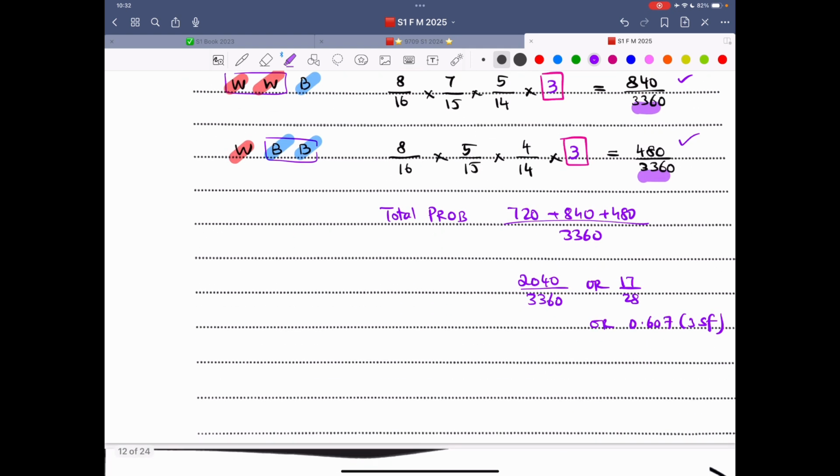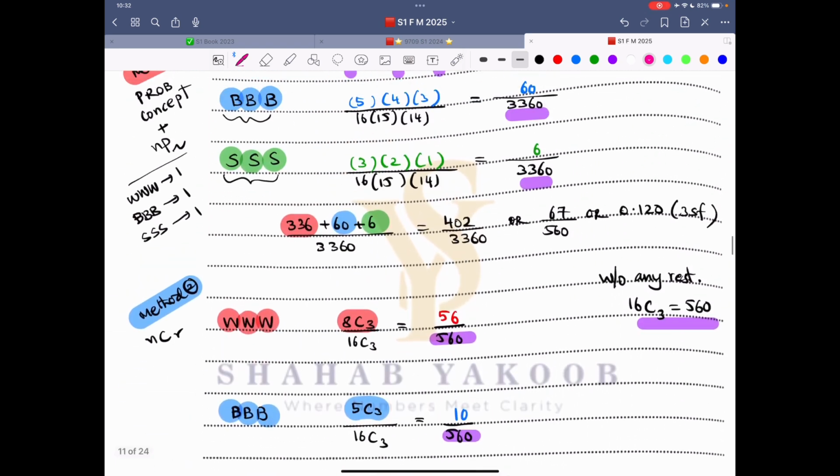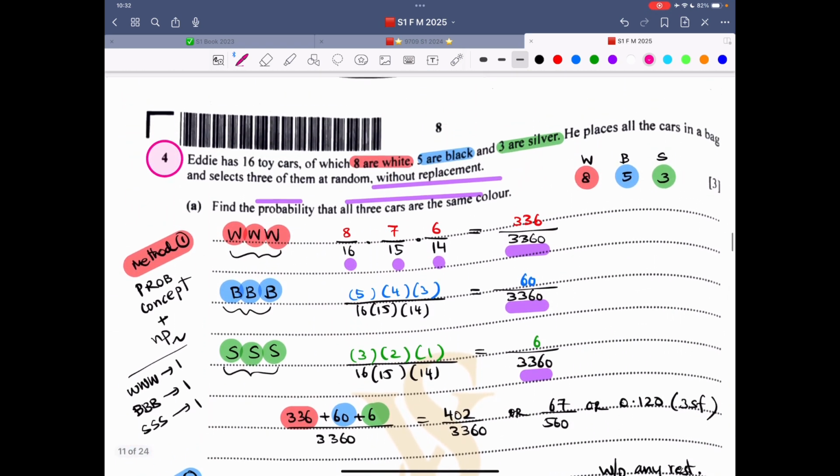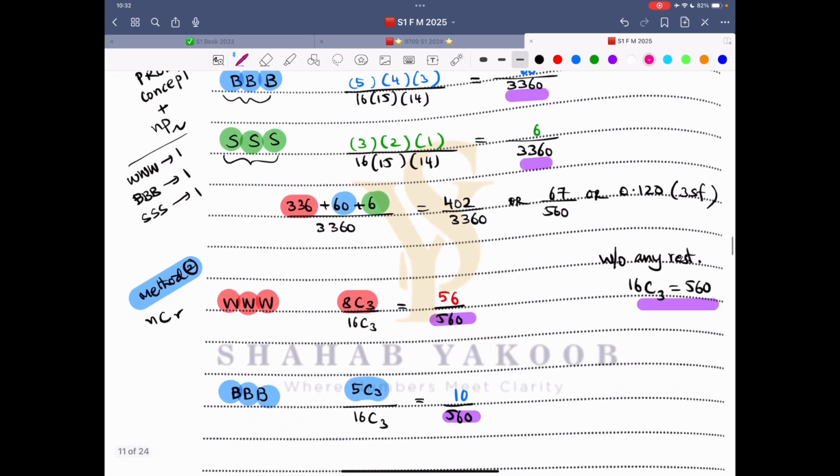And that is the answer for total probability. That is how you achieve this. That is 17 over 28. So that is the answer over here, and the answer over here is also 17 over 28. A very nice question about probability, using either probability and permutation or combination.